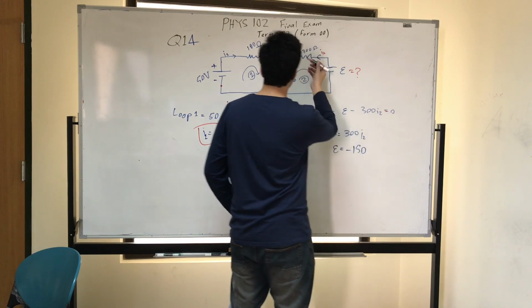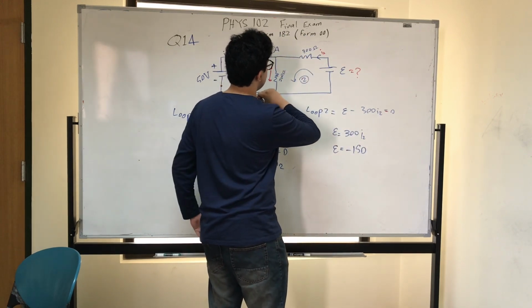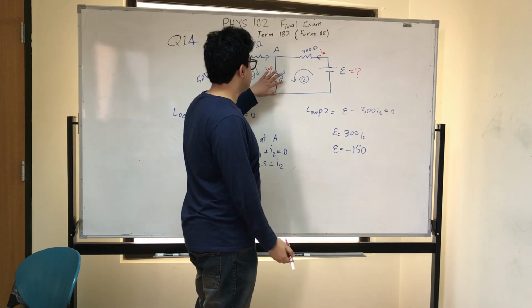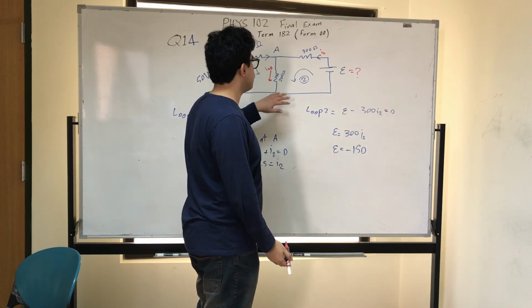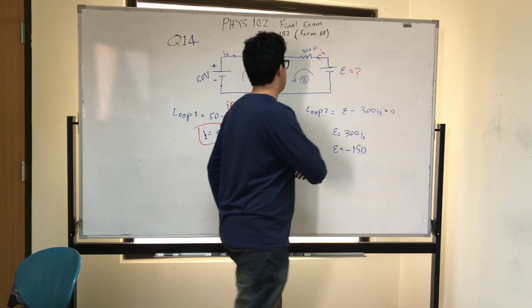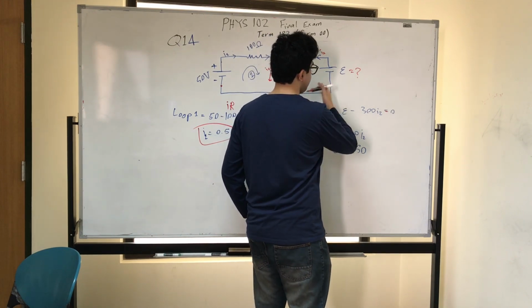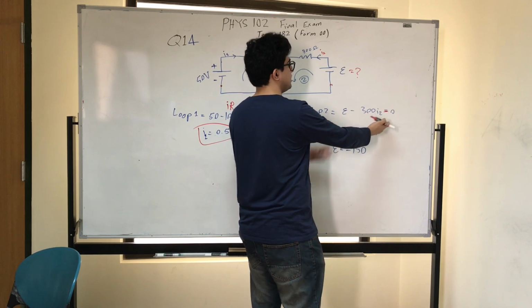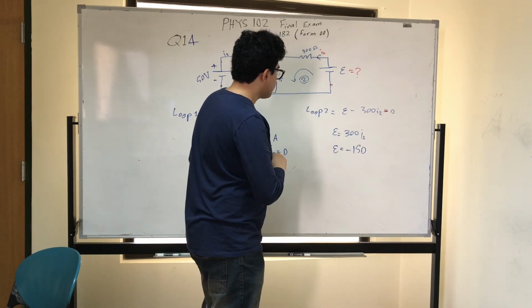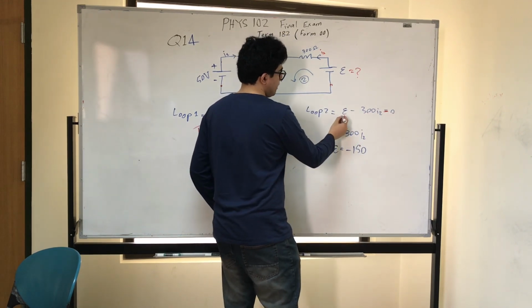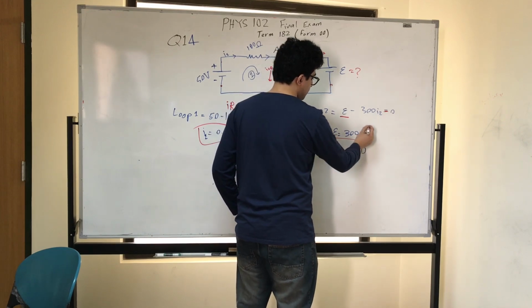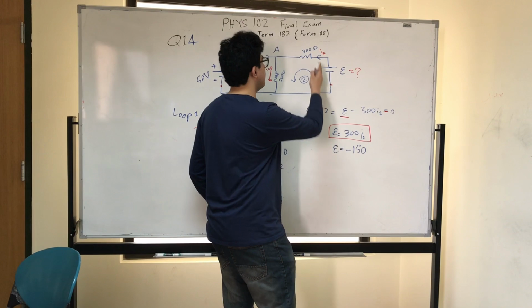And then if you go through this resistor, we know that the current is 0, so 0 times 200 is just 0. And then we return to the same point, and therefore the sum of these changes in potential must be 0. Okay, if you solve for the EMF, you'll be getting that the EMF is equal to 300 times I2.